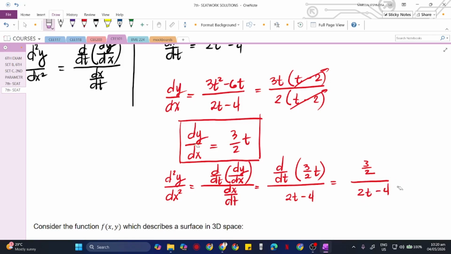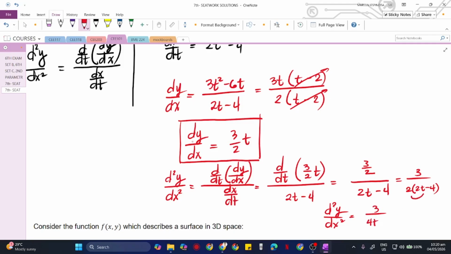Or in other words, our answer would be in this form: 3 over, it becomes 4t, because 2 times 2t minus 4. Or this would give us our second derivative with respect to x. That would give us 3 over 4t minus 8.